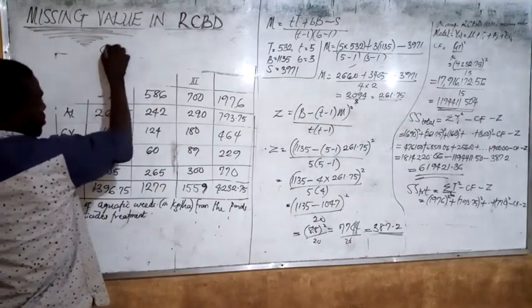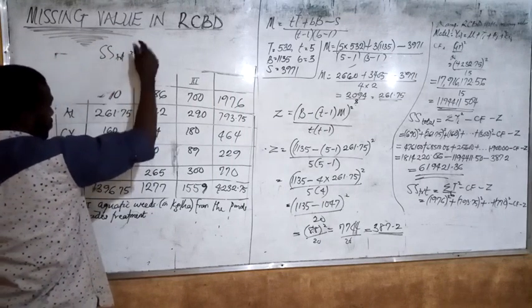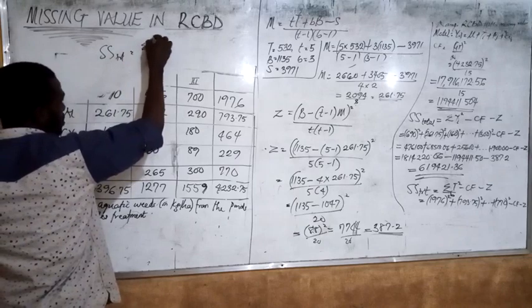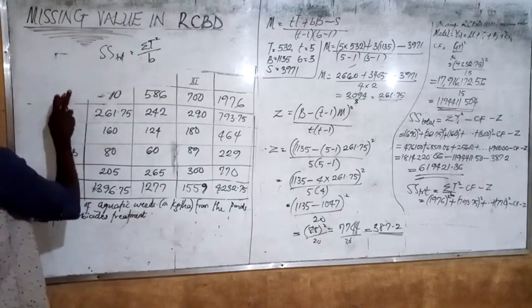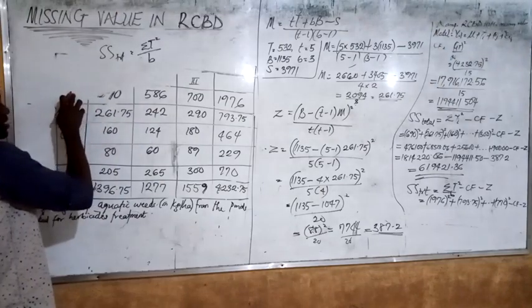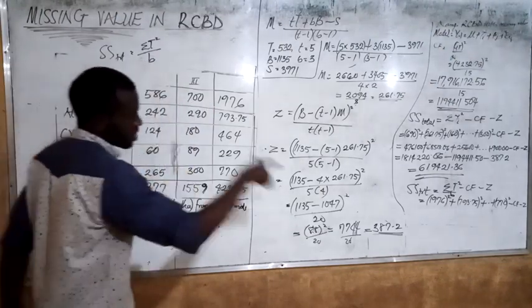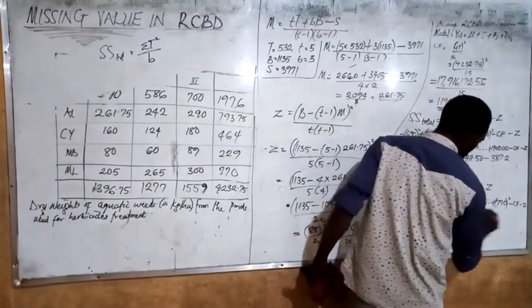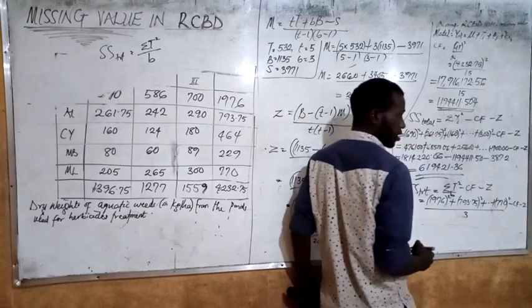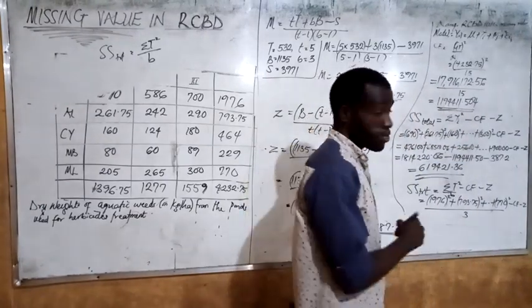Your sum of squares of treatment is summation T squared over B, because this treatment appears in block number of times. So 1, 2, 3. So it's supposed to be over 3, and we forgot to put that in. So this would be all over 3. Then we now have our values again. I'm going to recompute that.